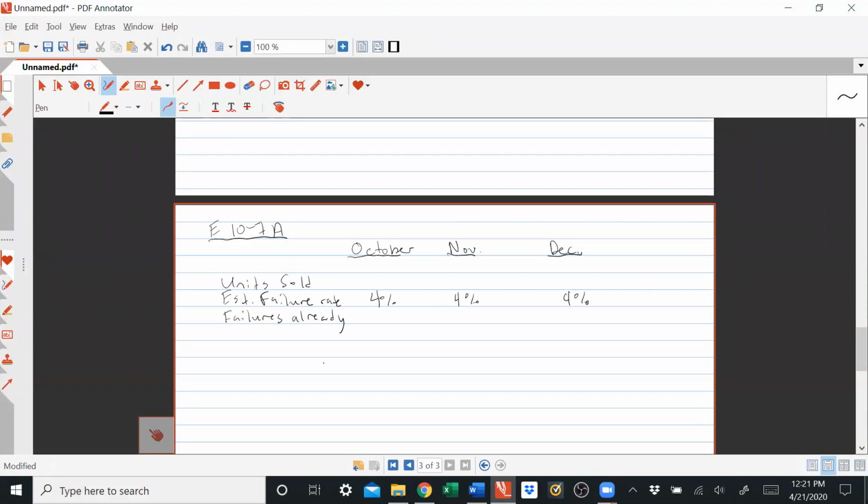Oh, whoops, I left off a row. All right, jumped ahead. So after the estimated failure rate, we need our total estimated failures. Then the failures that have already happened, and then we subtract the failures that have already happened from our estimated failures to get our expectation of future failures.